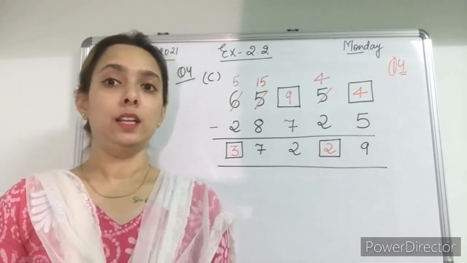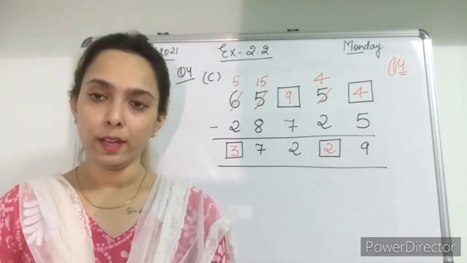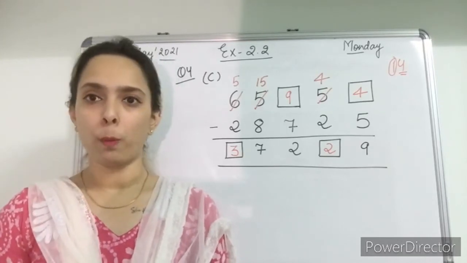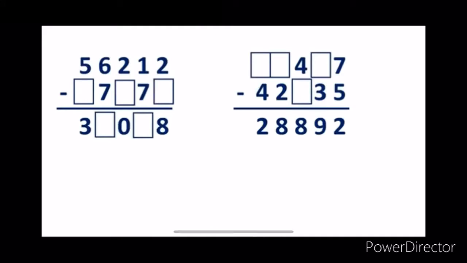Let's start the last question of this exercise, that is question number 5, and it has word problems in it. Let's start. We have some subtraction problems with missing digits. With missing digit subtraction, as with subtraction generally, we work from right to left. So here we have 2 minus something equals 8.